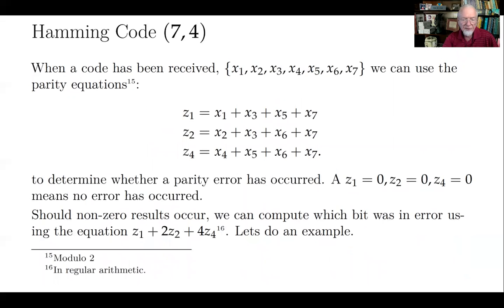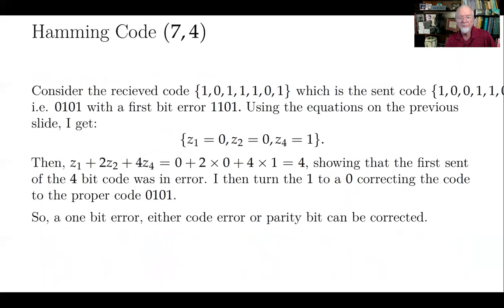So I think I screwed this up in here, because I'm showing it to be C4, which would be a parity bit error, and it's actually an error in the code. So there's something wrong in the calculation I did. I apologize.